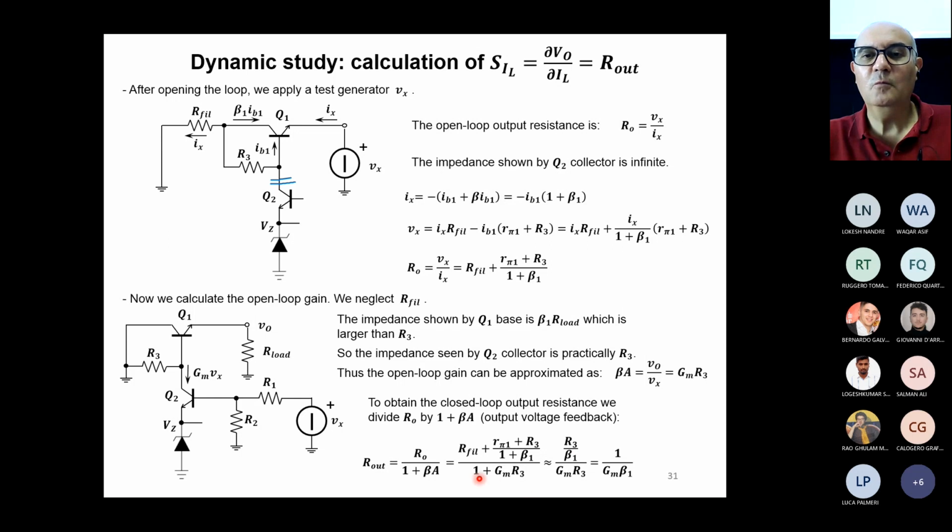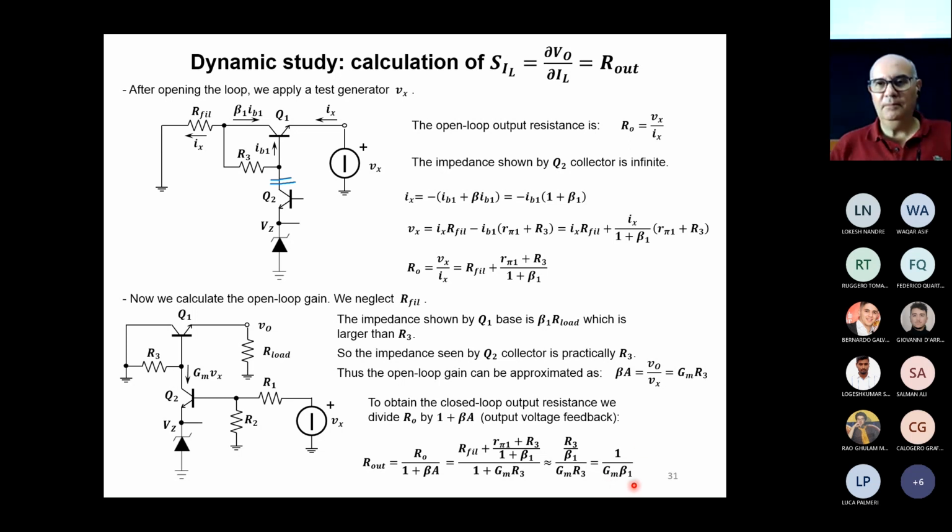On the denominator, 1 can be neglected, I hope, with respect to GM R3. So I get GM R3 on the denominator. R3 and R3, I can cut them. And so I get 1 divided by GM beta 1. So the output resistance of our system can be expressed in good approximation as 1 divided by GM beta 1.